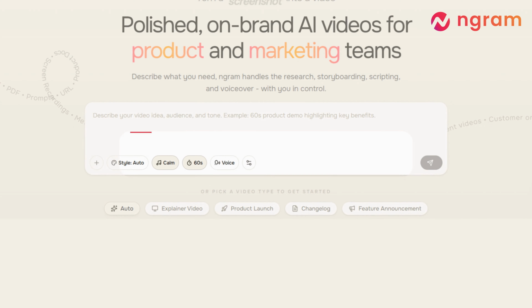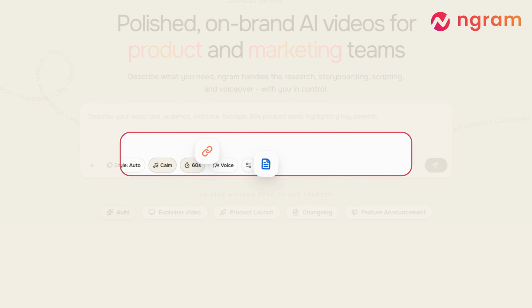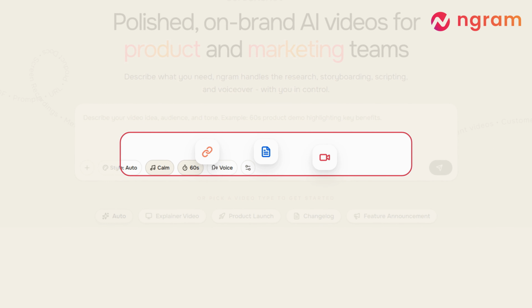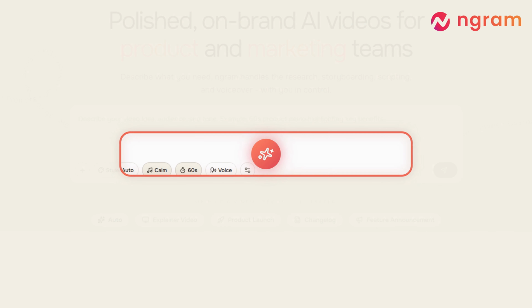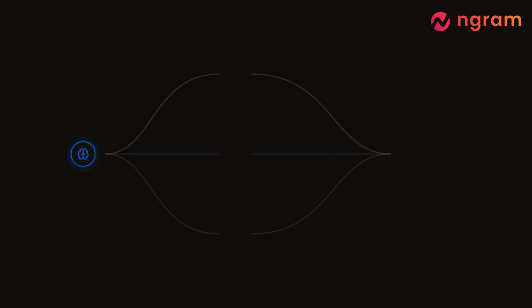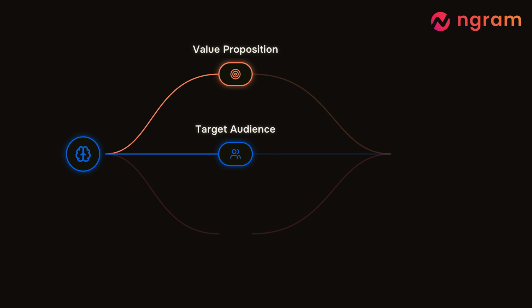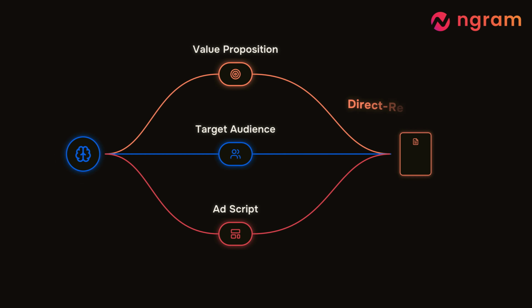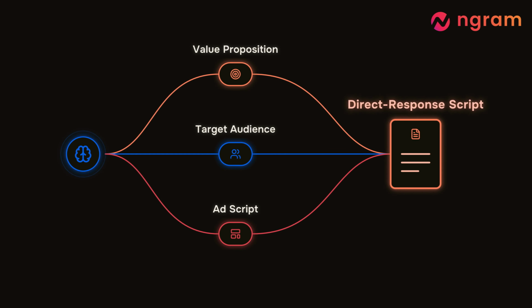Instead of writing tedious creative briefs, you simply drop your product URL, promotional brief, or raw screen capture directly into Ngram's AI video agent. Ngram analyzes your value proposition, identifies your target audience, and structures a performance-driven ad script using proven direct response frameworks.